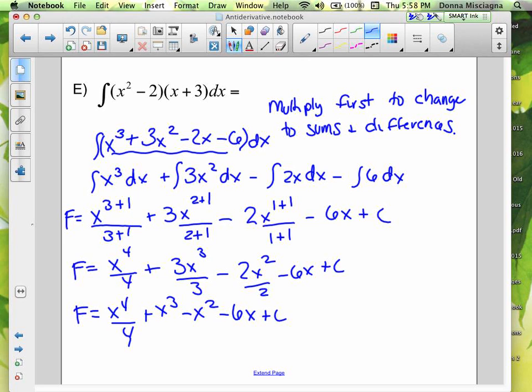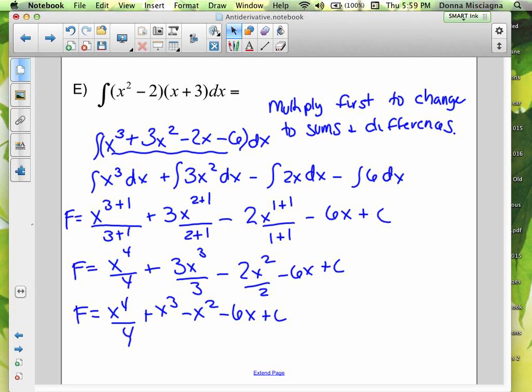Okay? So I hope this is making sense to you. Really, most of the time, we've just been undoing the power rule. And so for the power rule, we multiplied by our exponent, and we subtracted one from the exponent. So now we're just going the other way. So instead of multiplying by that exponent, we're dividing by the exponent.